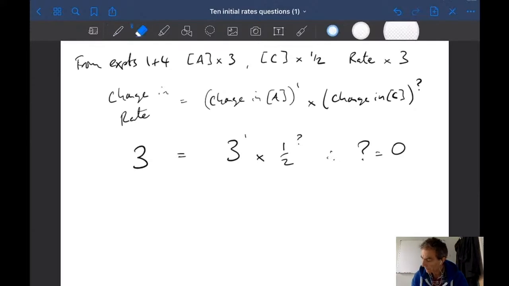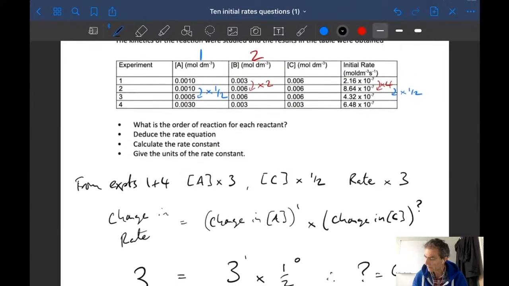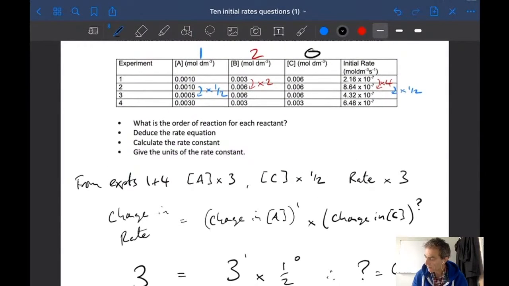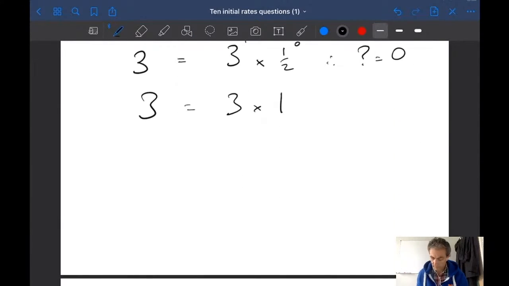If I rub that out, put the 0 in, 3 to the power 1 is 3, times a half to the power 0 is 1, 3 times 1 is 3. So that's how that works. So after all of that, we now know that C is 0 order. Okay, so we can go to the calculation now.